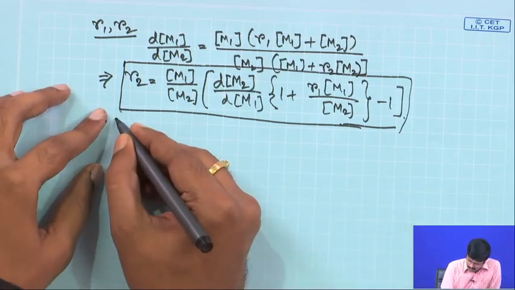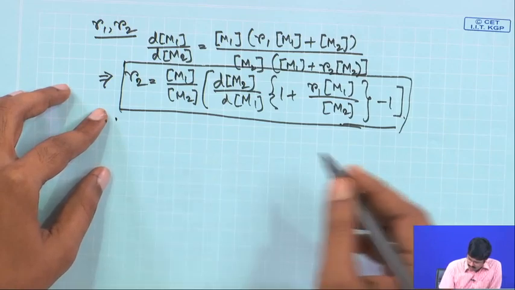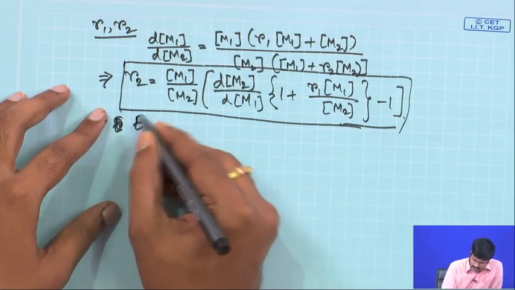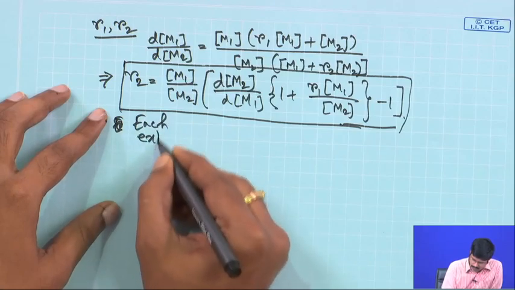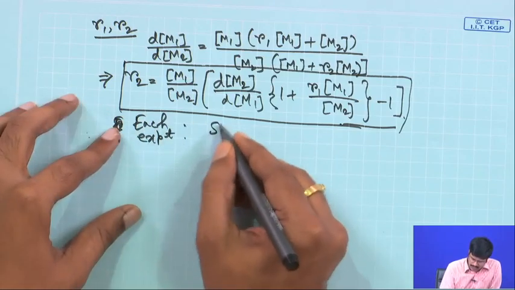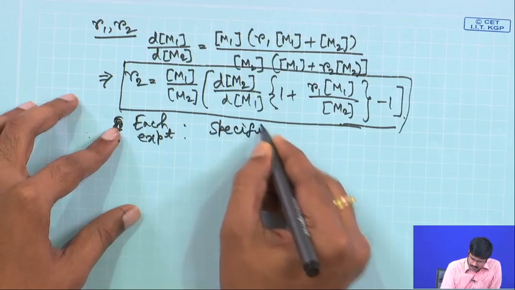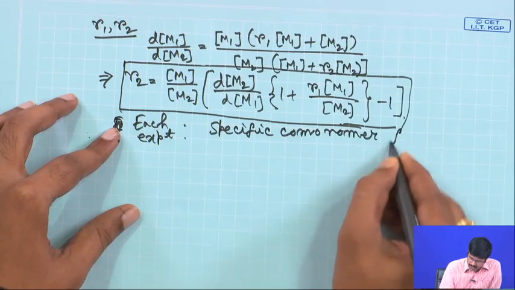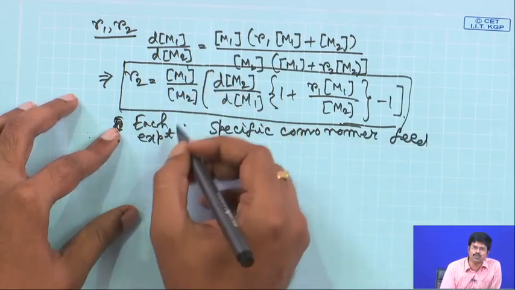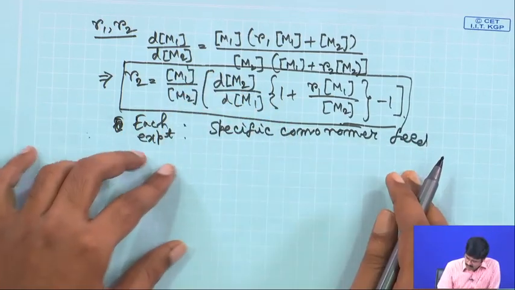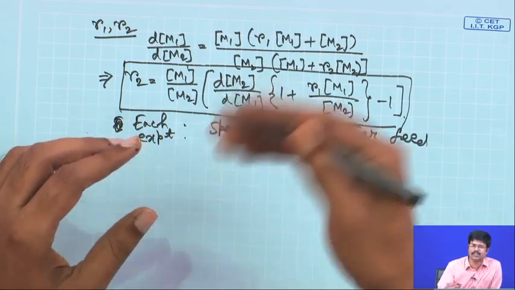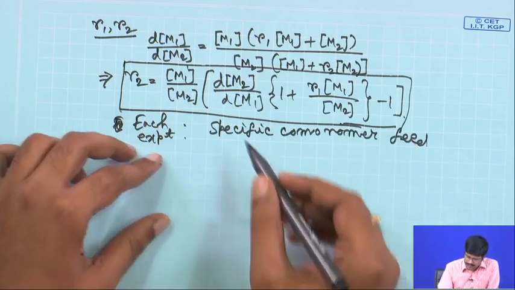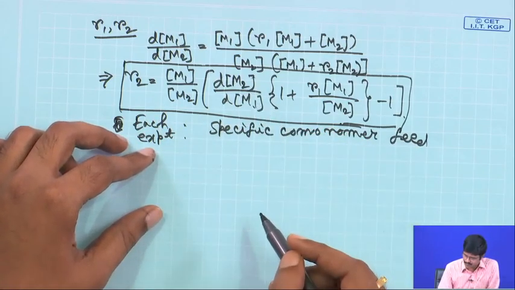What you start with is you do several experiments, and for each experiment you start with a specific co-monomer feed. So, you know the value of m1 by m2, this is your co-monomer feed composition, and then after doing the reaction for a slight extent of conversion, say less than 5%, you analyze your copolymer composition, and that will give you your dm2 by dm1.